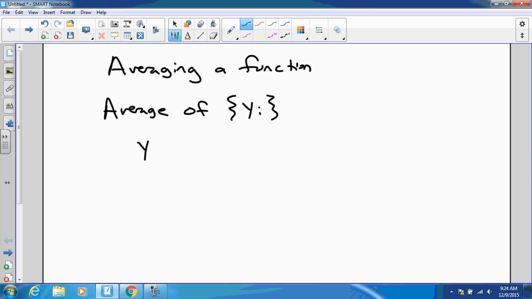The average, which we will call y average, or y bar, sometimes you'll see it written like that, but we're going to call it y average, is the sum, i equals 1 to n, of yi, and all of that divided by n. And all of that is a fancy way of saying add them up and divide by n.